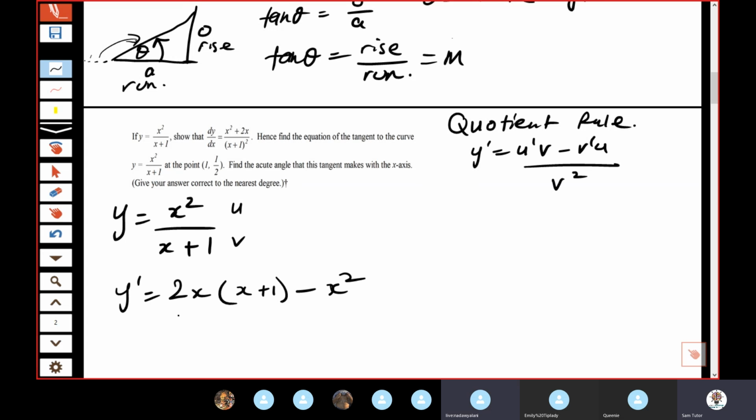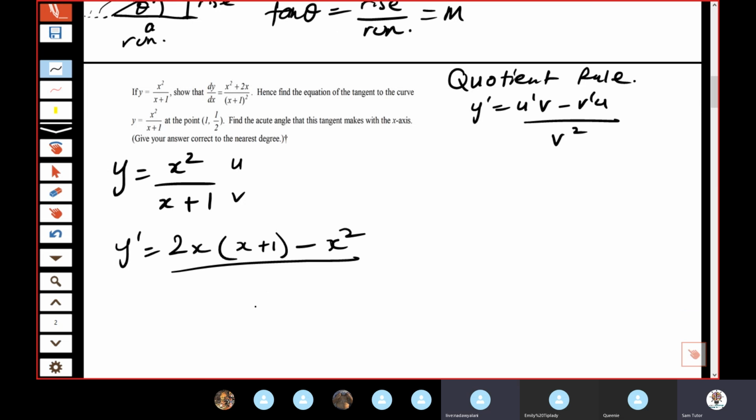Over x plus 1 squared. And like I said, with calculus, don't expand the denominator, just leave it as it is, and you're hoping the top becomes this. So let's have a look: 2x squared plus 2x, and can you see you've got it?